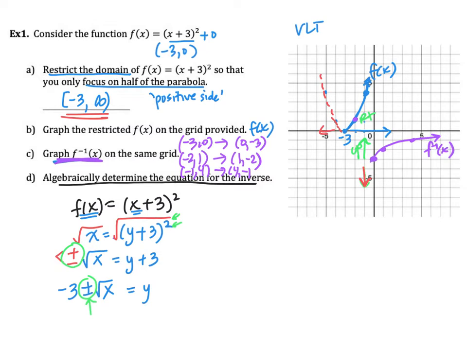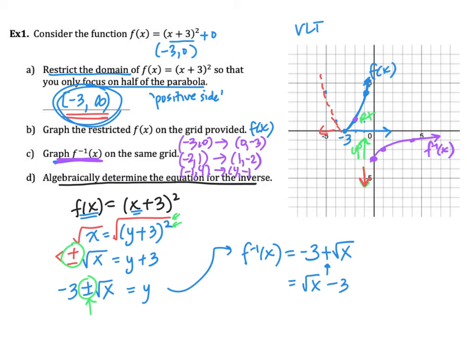Okay, so once you have limited it up here, then your final answer is going to be whatever side you chose. We chose the positive, the right-hand side, therefore I need my positive symbol here. And so you can leave it like that, or you could have had √x - 3. It doesn't matter. These are both the correct answer.